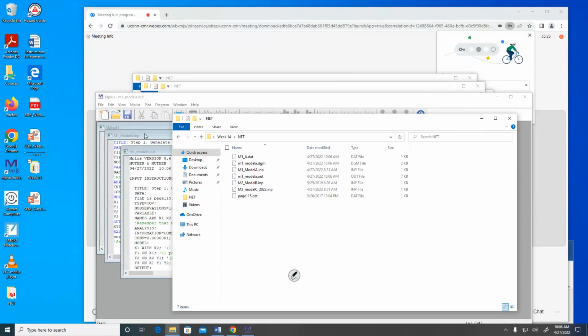So for model B, does anybody have any guesses? Do you think model B is nested or not nested? What do you think? Nested. Why do you think nested? Okay, well, it does have fewer degrees of freedom, but also when we listed what the constraints were, remember, it had only 1 degree of freedom, but model A had 2 constraints that model B didn't have, right?